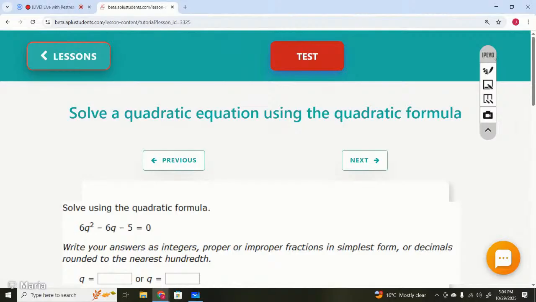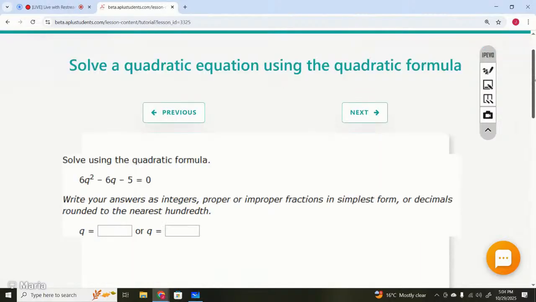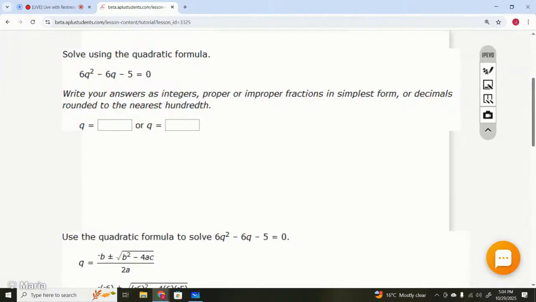Solve a quadratic equation using the quadratic formula. Solve using the quadratic formula 6q square minus 6q minus 5 equals zero.